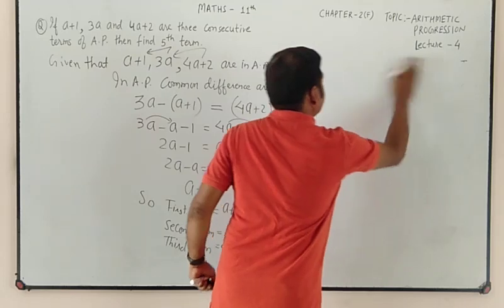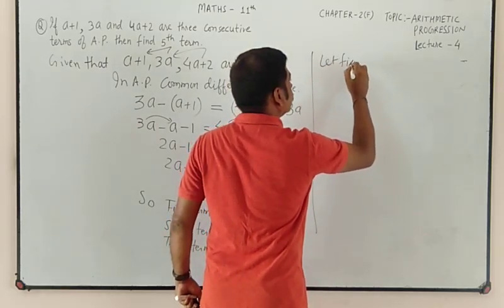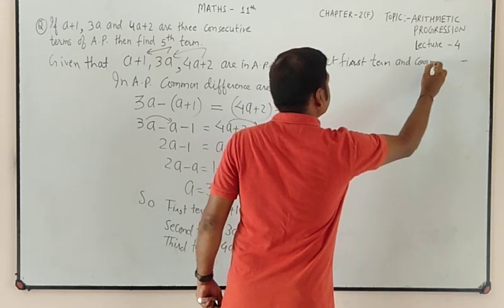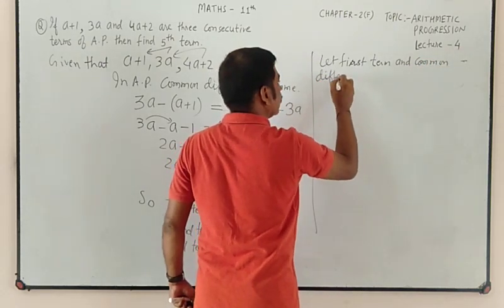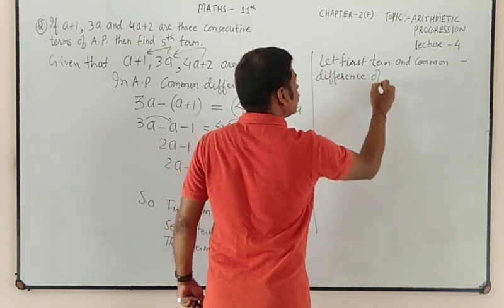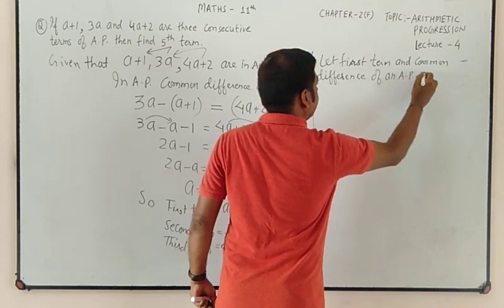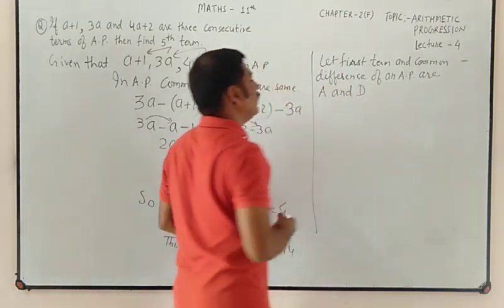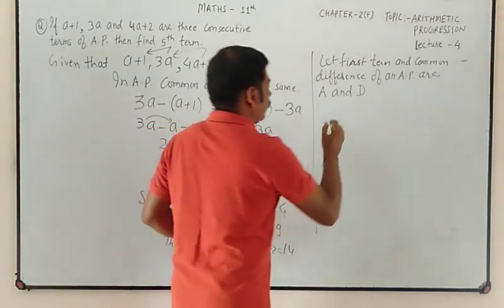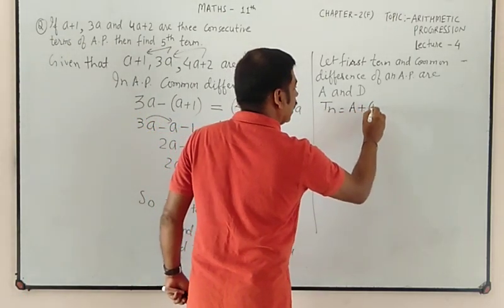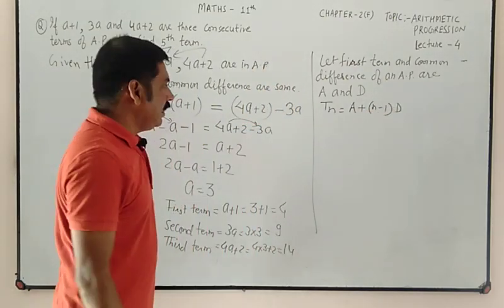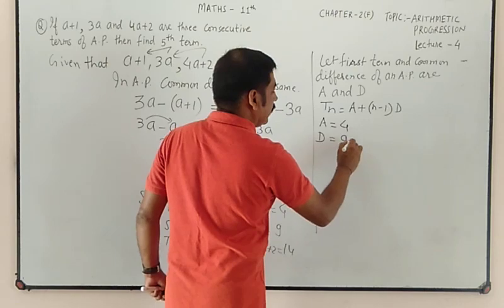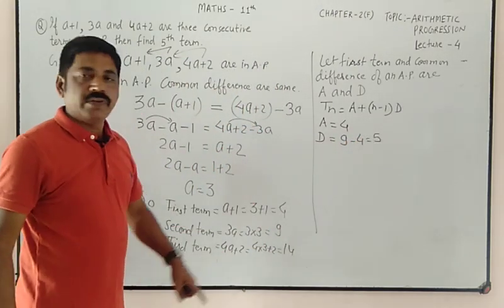So let first term and common difference of an AP be capital A and capital D. So Tn is equal to A plus n minus 1 into D, capital D. So A is equal to 4, D is equal to second term minus first term, 9 minus 4, 5.